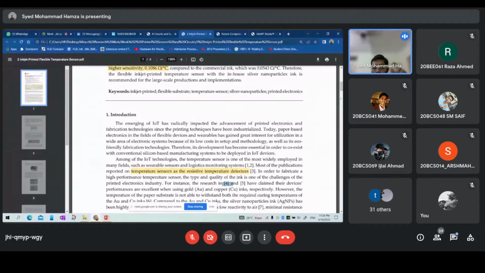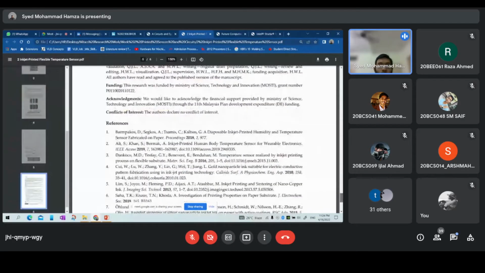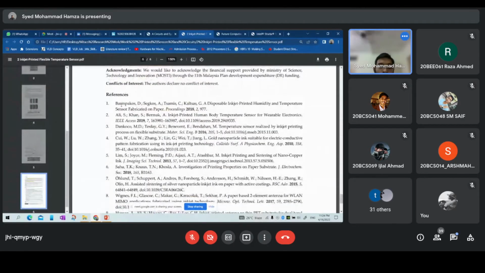So these statements are not the original statements. These are taken from some research paper, and that is why we reference it here. So these are the references. In the starting of the references, you have the names of the authors who have written the research paper, then the title of the research paper up till here: A disposable inkjet printed humidity and temperature sensor fabricated on paper.